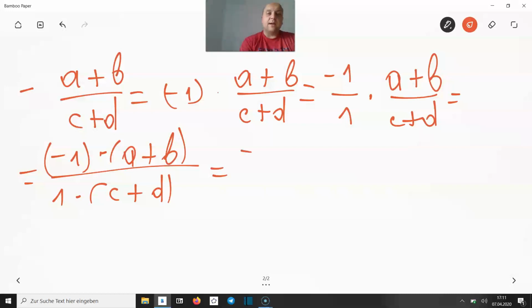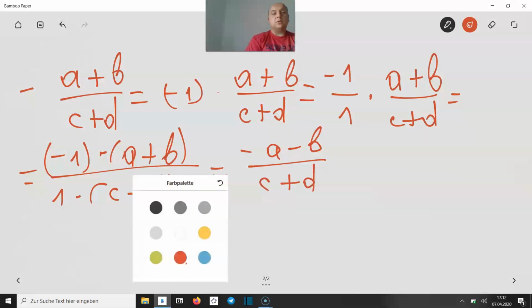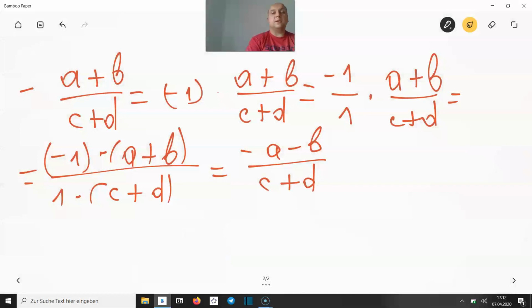So we have minus 1 times a plus b, and multiplication by minus 1, the distributive law, basically changes the signs of every expression inside the parentheses. We have minus a minus b divided over c plus d. This is the first way, but we also could have written minus 1 differently.